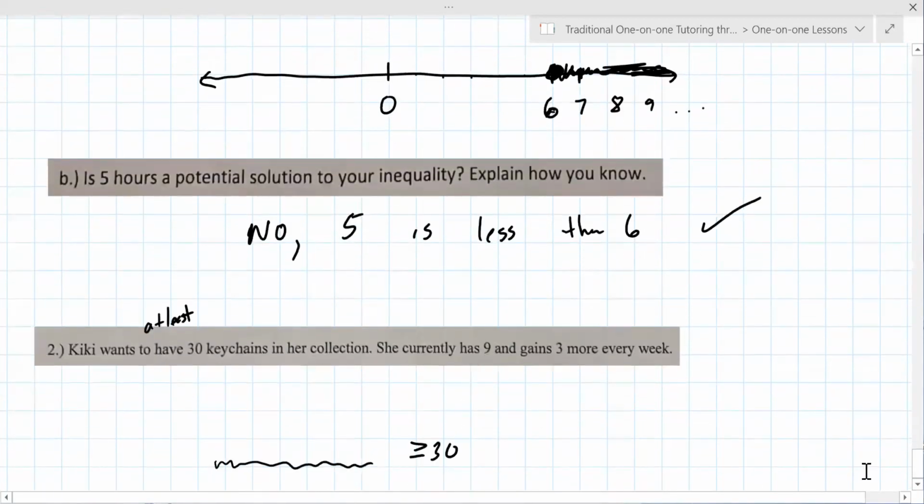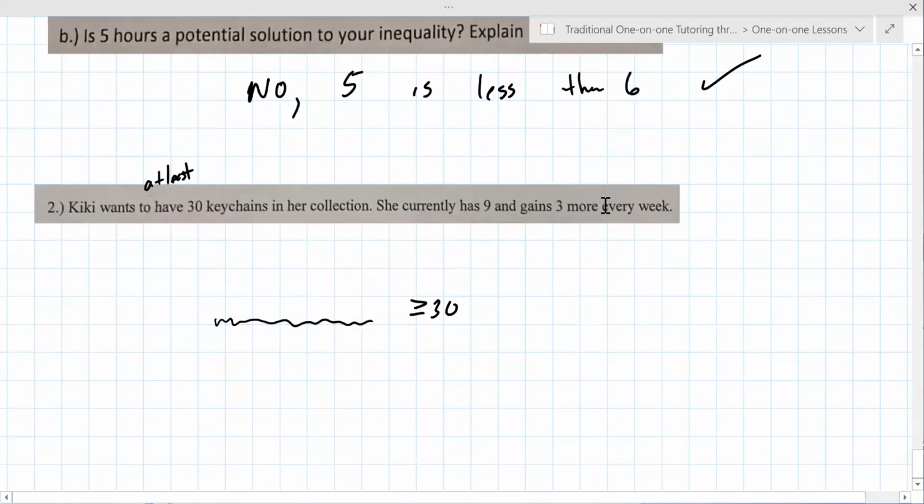Here you have 9, and you gain 3 more every week. So what would you put in this box based on this right here? 9. Okay, anything else? And the 3 for every week.